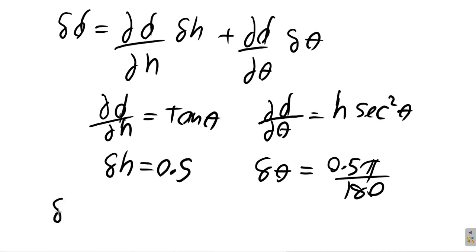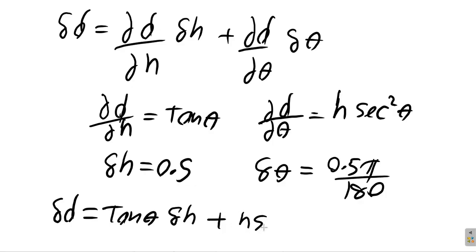So that small change in d is equal to the partial of d with respect to h, which is tan theta, times the change in h, plus h sec squared theta times the change in theta.